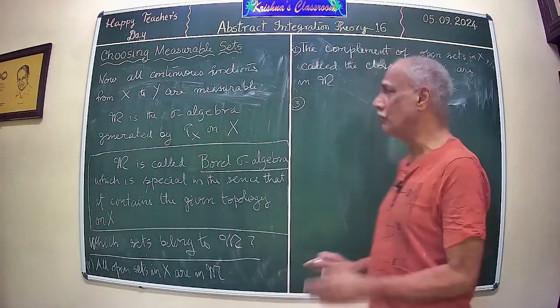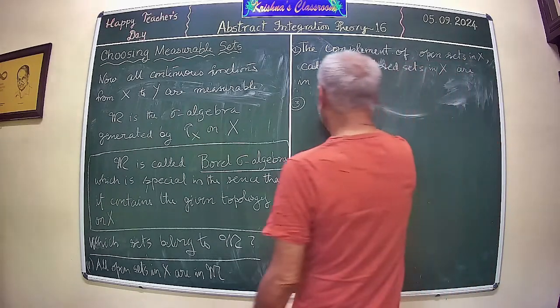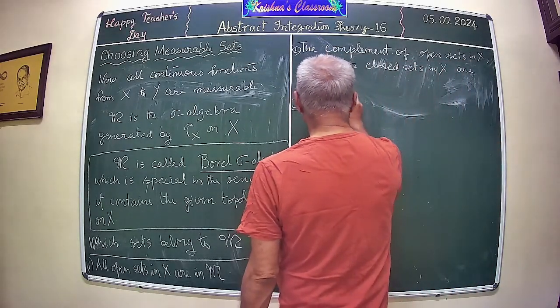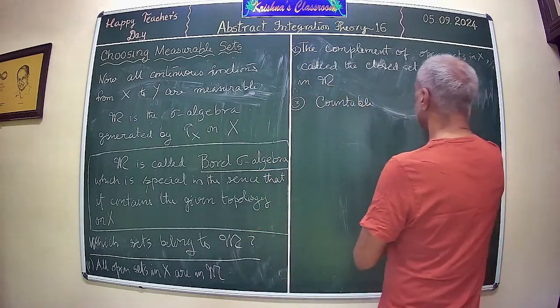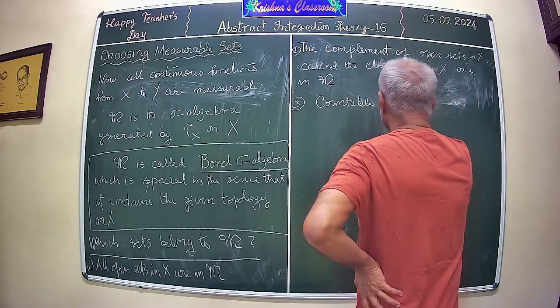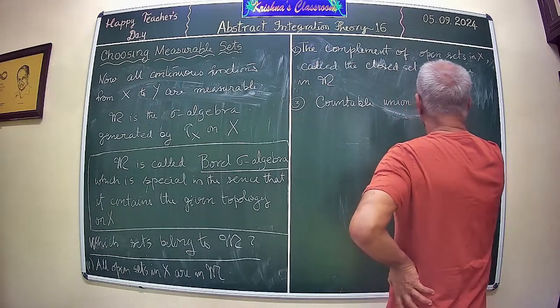But now what additional thing that you get is this countable union of closed sets.